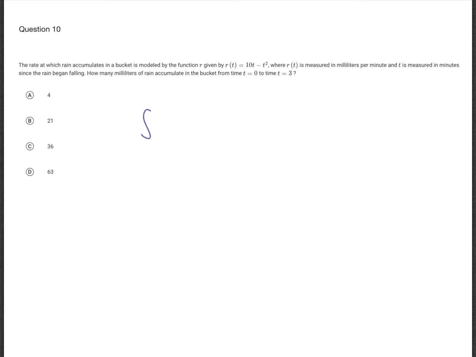We're just basically going to integrate r of t from 0 to 3. So this will be the amount of rain that accumulates from t equals 0 to t equals 3. This is kind of like a derivative function. This is a rate function, and you want to integrate rate functions, and those give you amounts, usually. Okay, so let's do this, 0 to 3.